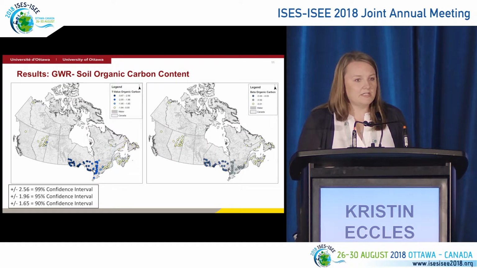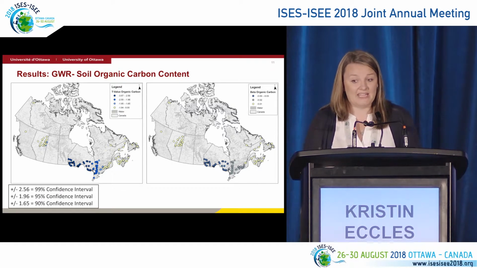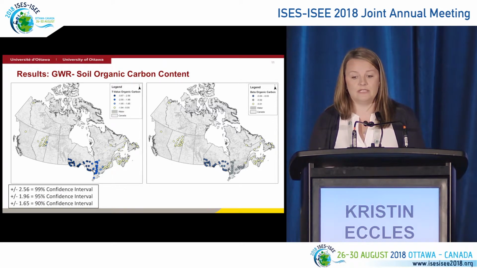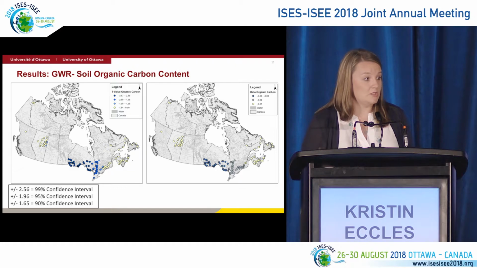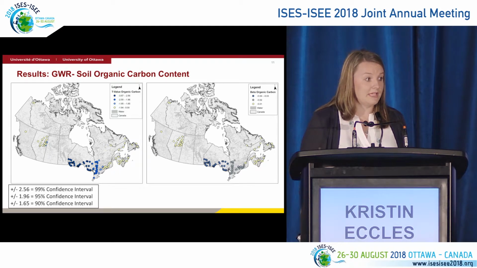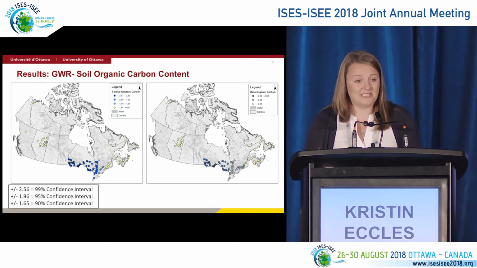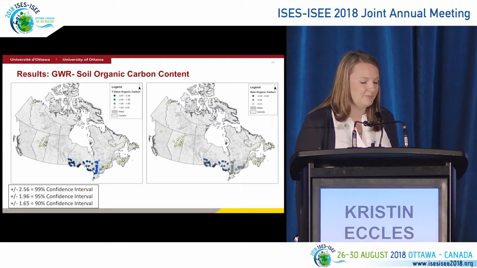I haven't presented all of the variables that I included in my model today for the sake of time, but I'm just highlighting a couple. First, organic carbon content. I'm just going to give you a little bit of context to explain these maps. The yellow dots indicate not significant, and the darker the blue, the higher the significance level in a negative relationship. Taking you back to your statistics days, the map on the left-hand side indicates your t-values, which are directly related to your p-values.